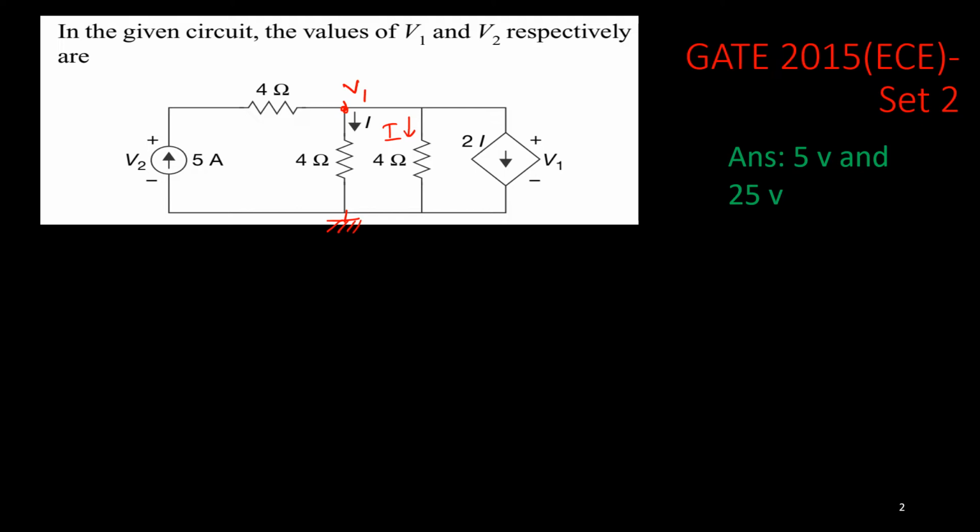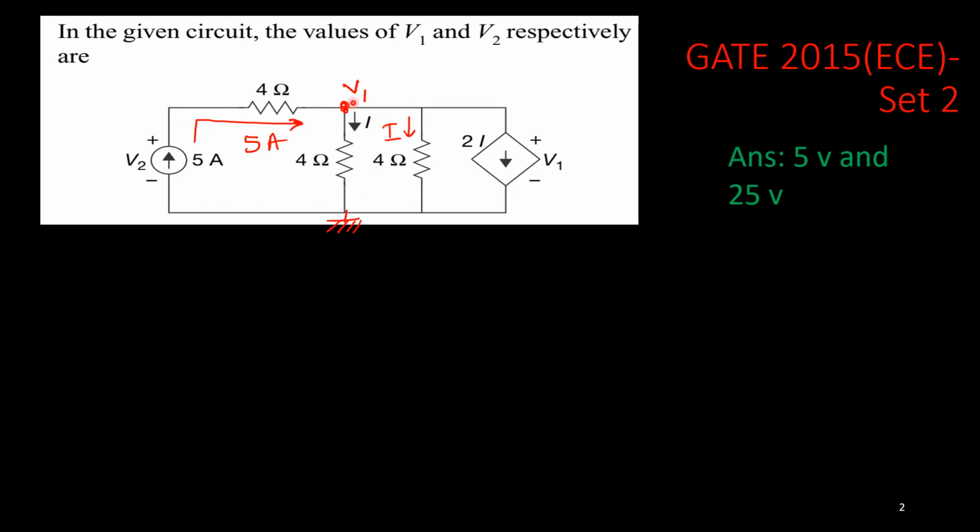Now you see this 5 ampere current source is there. It will provide 5 ampere current, entering this node. At this node we can apply KCL, very simple. The 5 ampere is incoming, and outgoing are this I through this 4 ohm, the other 4 ohm, which is the I current, and this 2I current.